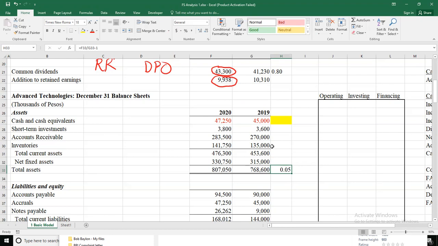Okay. By the way, guys, kunyari, if this was a manufacturing company, usually magkakaroon ng note yan. Kunyari, note letter D. Assuming this is manufacturing, sa ilalim magkakaroon ng explanation kung ano yung inventories. Ano yung tatlong types ng inventories, guys, pag manufacturing? What are they?